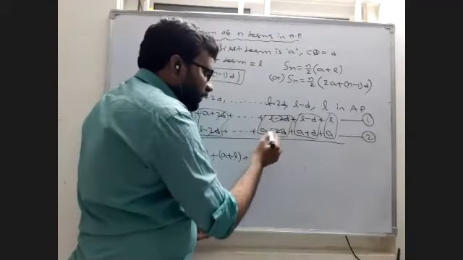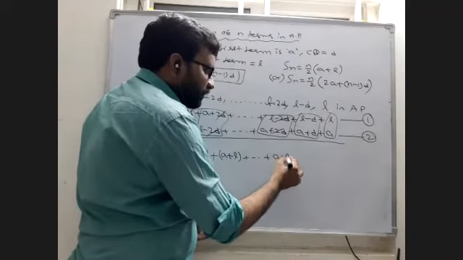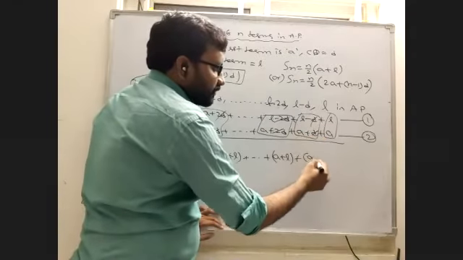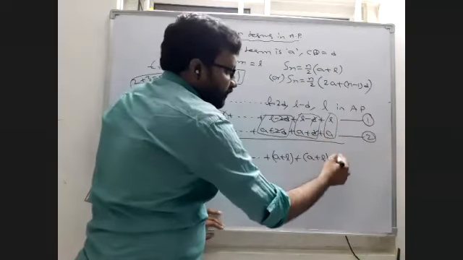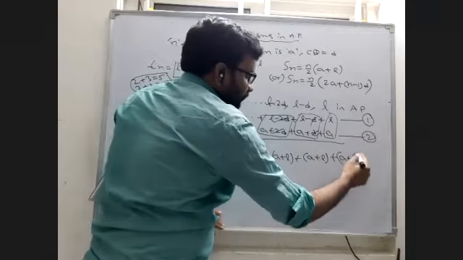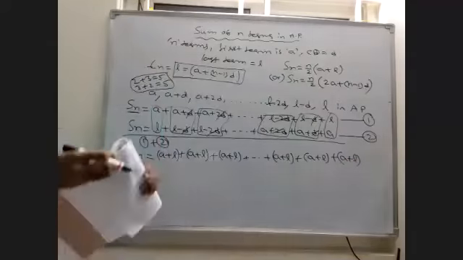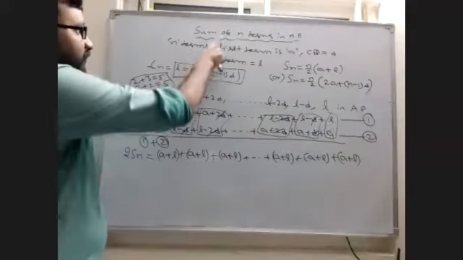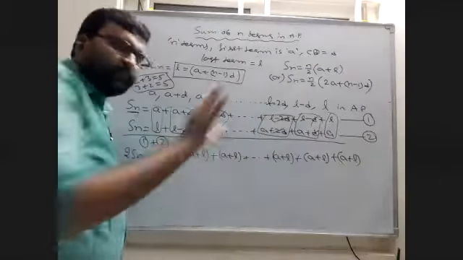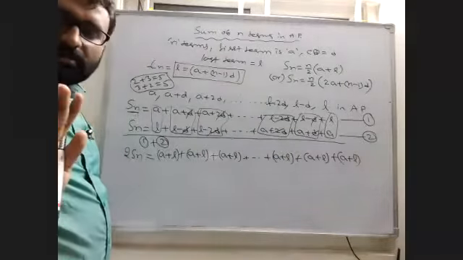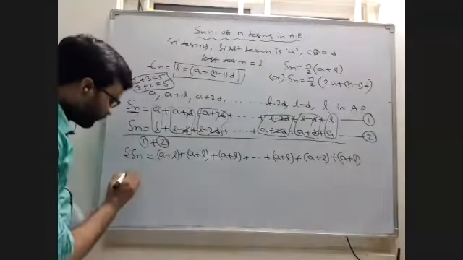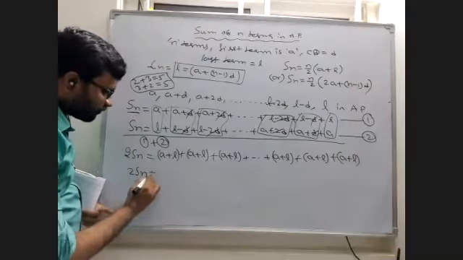Again 2D cancels, again L plus A, that is A plus L. Again D cancels, plus again L plus A, that is A plus L. Again L plus A, that is A plus L. See, all you have is A plus L, A plus L, A plus L, A plus L, A plus L. How many terms are given? N terms. So all these, we have N times terms. So we can write 2Sn is equal to N times A plus L.